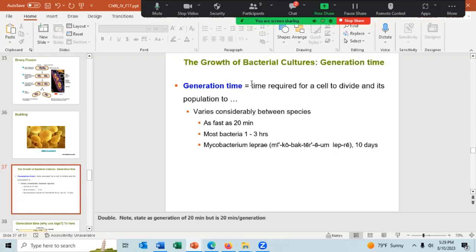Why the mycobacteria are much slower at dividing is because they have a lot of mycolic acid in their cell wall, and it takes them time to make that mycolic acid. Mycobacterium leprae is the slowest bacteria I know of when it comes to its generation time.